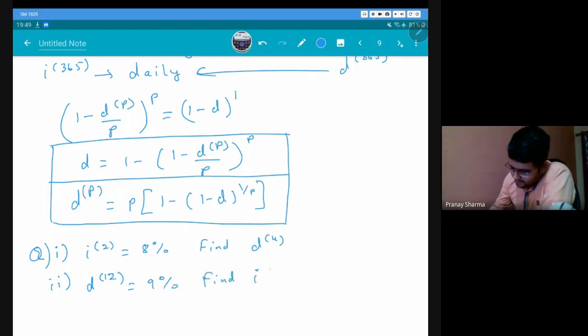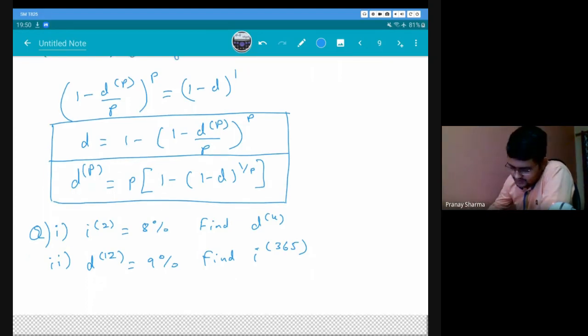Find I365. So using your formulas again, from D12 to D, then D to I, then I to I365. This is how you will be converting.